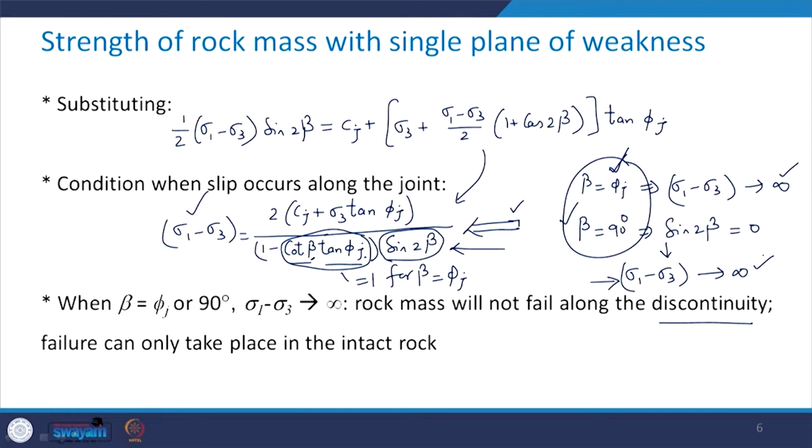So, the failure can take place only in the intact rock. It is not that if a rock mass has intact rock as well as discontinuities, it will always fail along the discontinuity. It will also depend upon the orientation of that discontinuity.